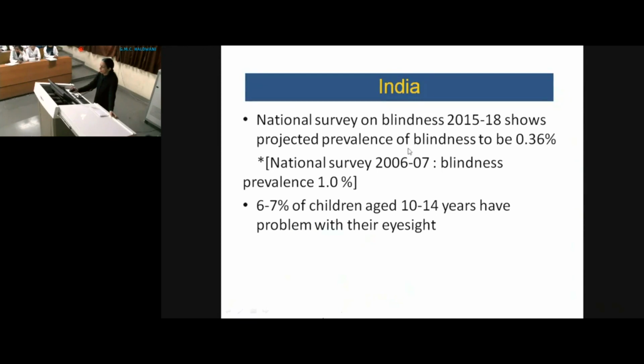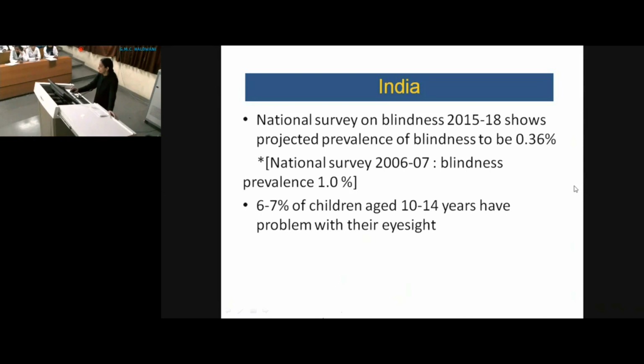Nationally, the survey conducted in 2015 to 18 shows a projected prevalence of blindness of 0.36%. Before this 2015-18 survey, in the previous survey conducted in 2006-07, the prevalence was 1%.